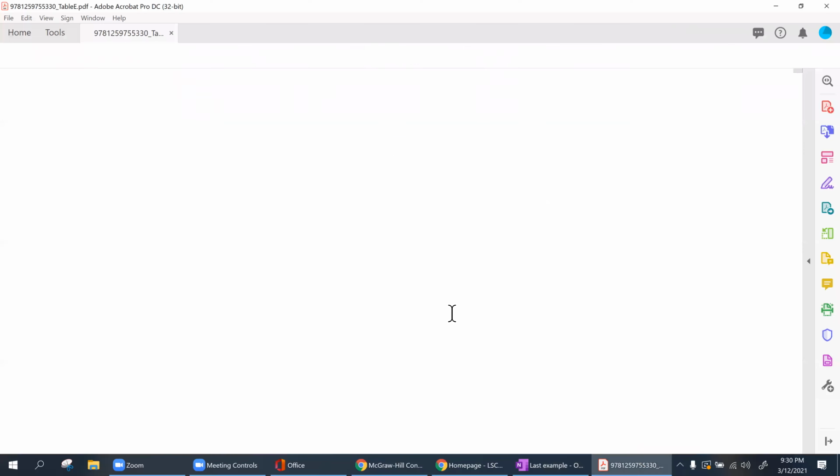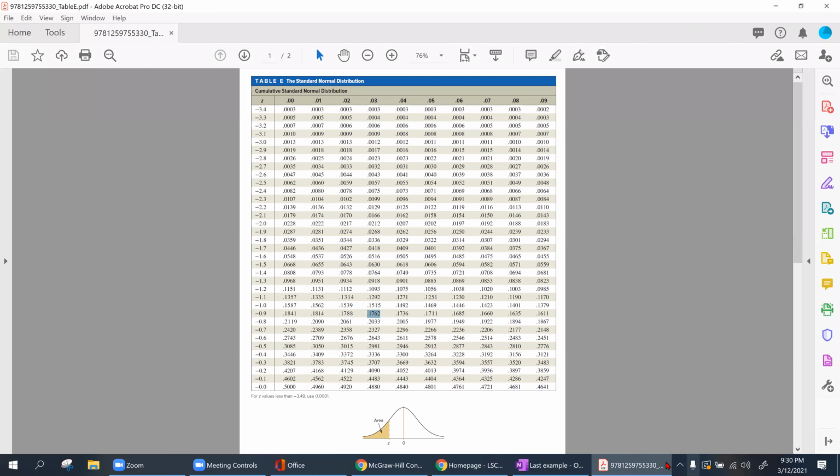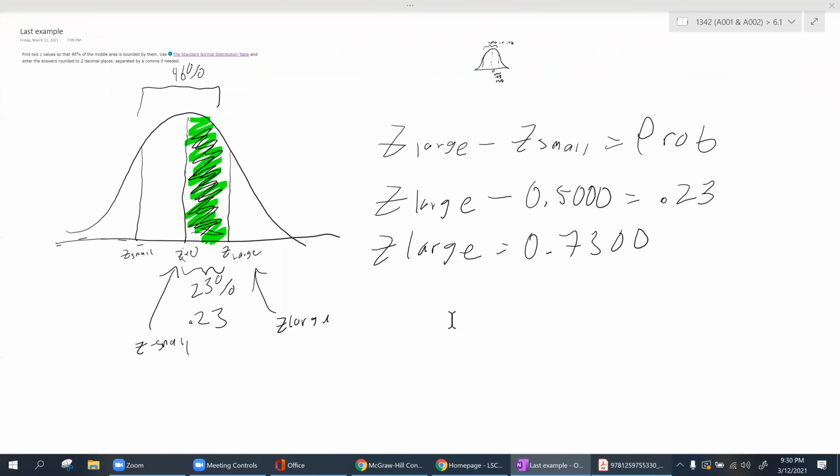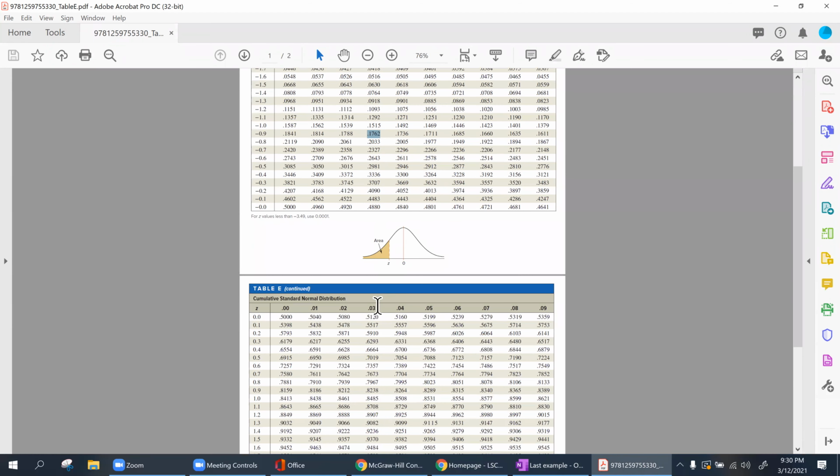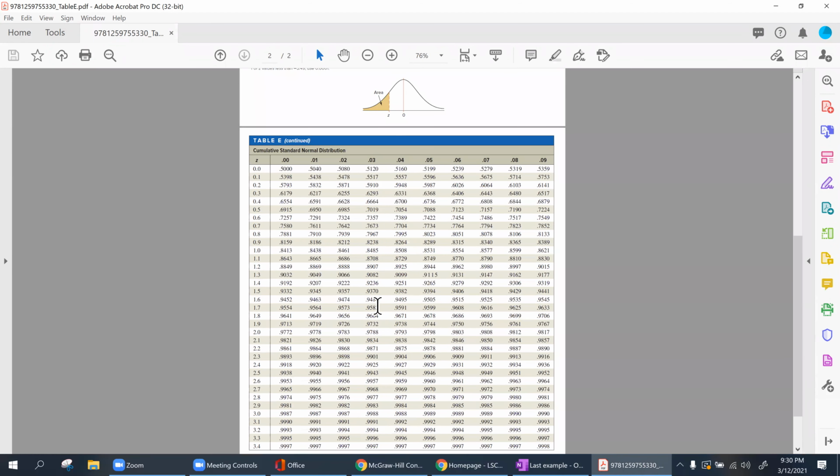So that means I'm looking for the z number, not the probability. I'm going to look at my table for 0.7300. I know it's to the right of z equals 0, so it's going to be on the positive end. My possible values are these. 0.7300 is between those two, but which one is it closer to?